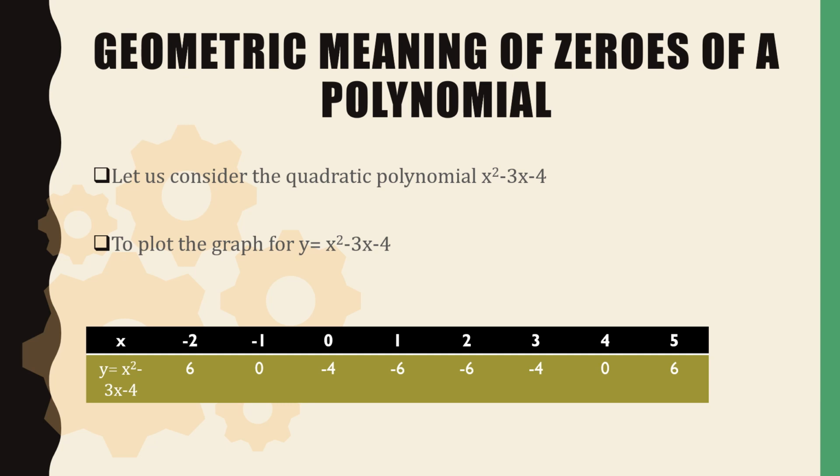Your next topic will be geometric meaning of zeros of a polynomial. You take a quadratic polynomial x square minus 3x minus 4. To plot the graph y equal to x square minus 3x minus 4, you are taking a set of values as shown in the table.